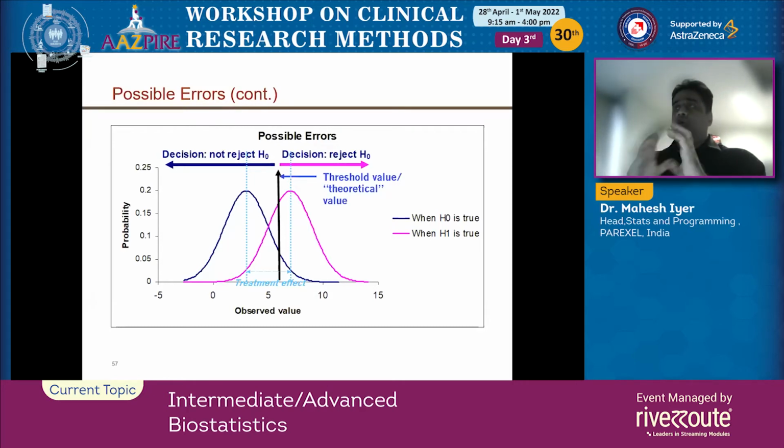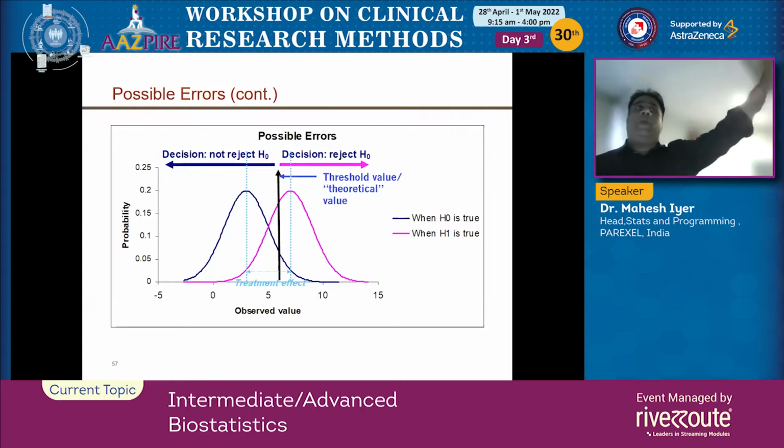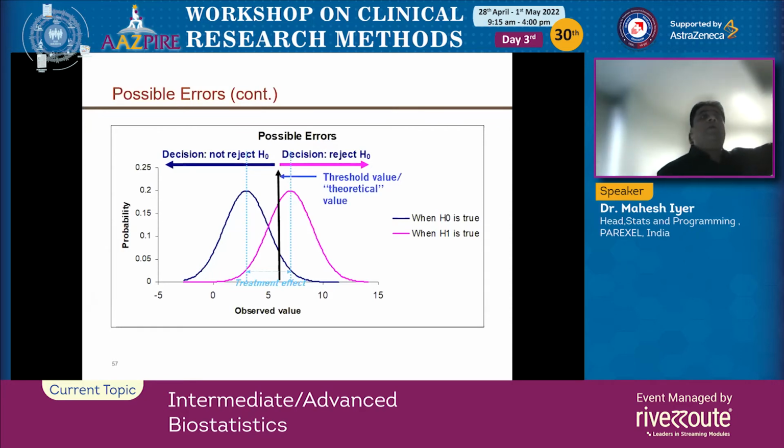So let us say that I want to make a statement about the population response rate. My population response rate is the proportion of responders in drug A versus drug B. So I look for a sample from both of these, and in the sample, I look for a sample response rate for drug A and a sample response rate for drug B. What is the population response rate called?